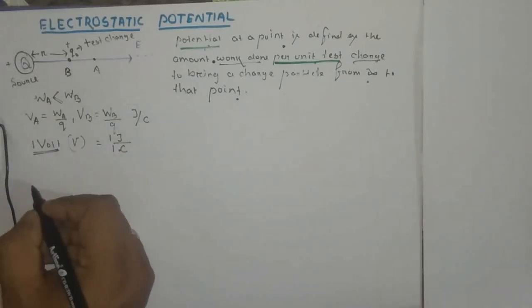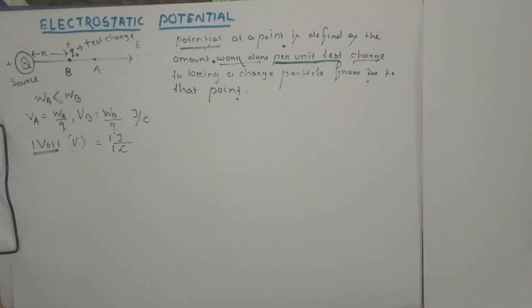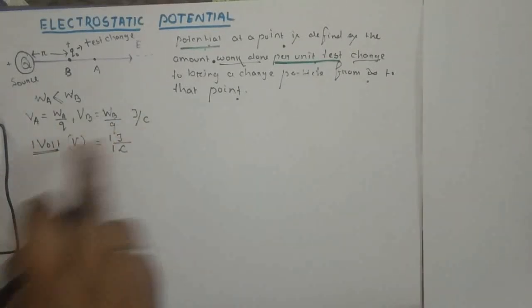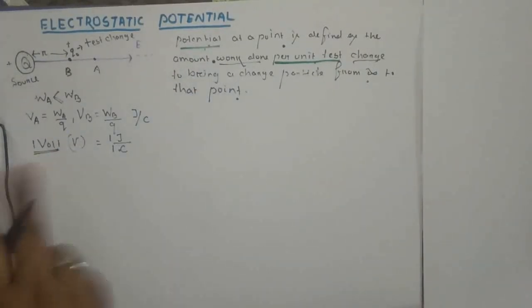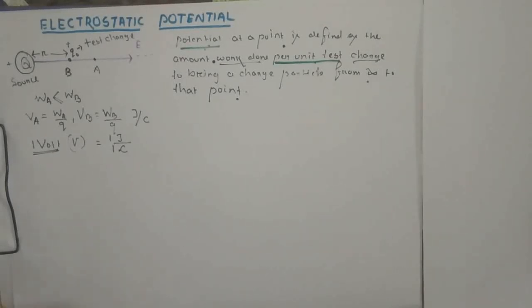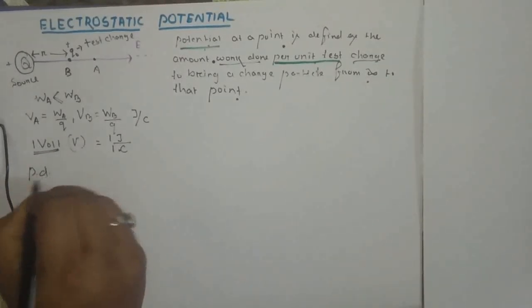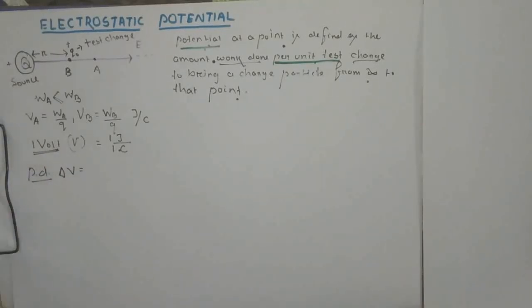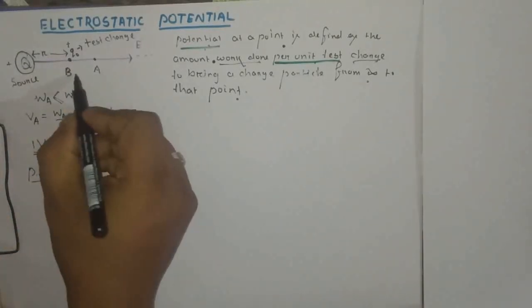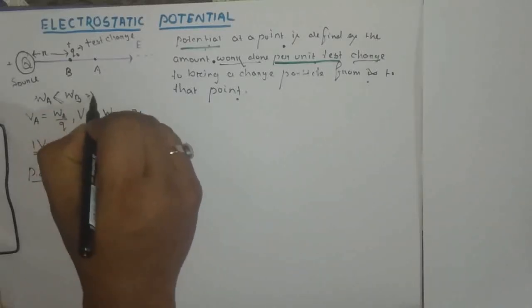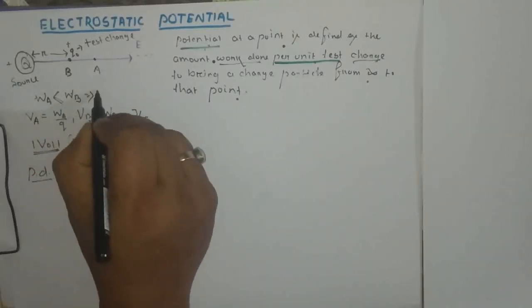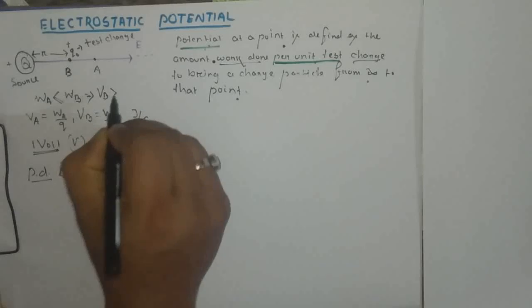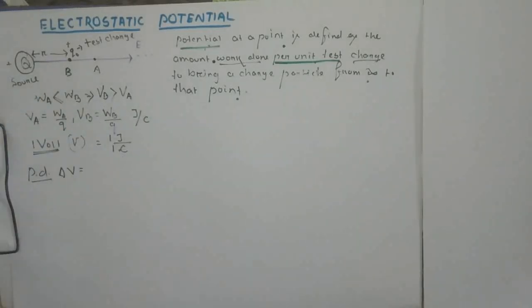Now my question is, what is potential difference? Okay, I got potential, I got the potential definition, I got what is 1 volt. Now what is potential difference? In this case del V. What are you thinking, del V, who is bigger? Obviously WB by Q is bigger, which means the potential at point B is greater than the potential at point A. You can refer to books also for definitions.